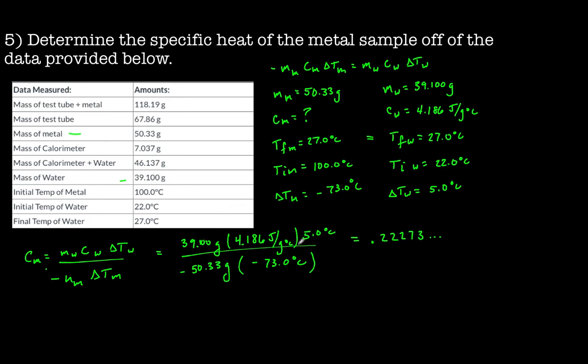Again, our least accurate value is right here with our 5.0 degrees Celsius from the change in temperature of our water. This is 2 sig figs, meaning our answer needs to be 2 sig figs. We cut it off. This doesn't round at all. And we get 0.22 joules per gram degrees Celsius because everything else cancels in our problem. But that is going to be the answer then to problem number 5.